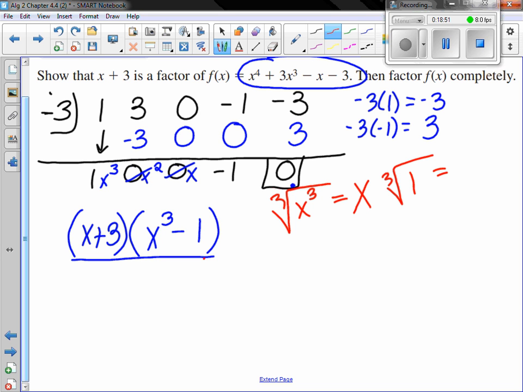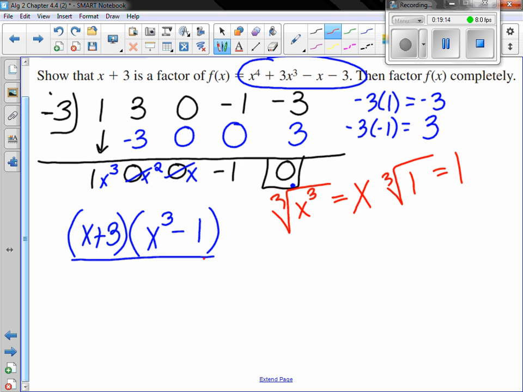What times itself 3 times is 1? 1. It's one of the odd numbers that you could take any root of and it'd still be 1. Because the 19th root of 1 is still 1, because no matter how many times you multiply 1 by itself, it's still 1.